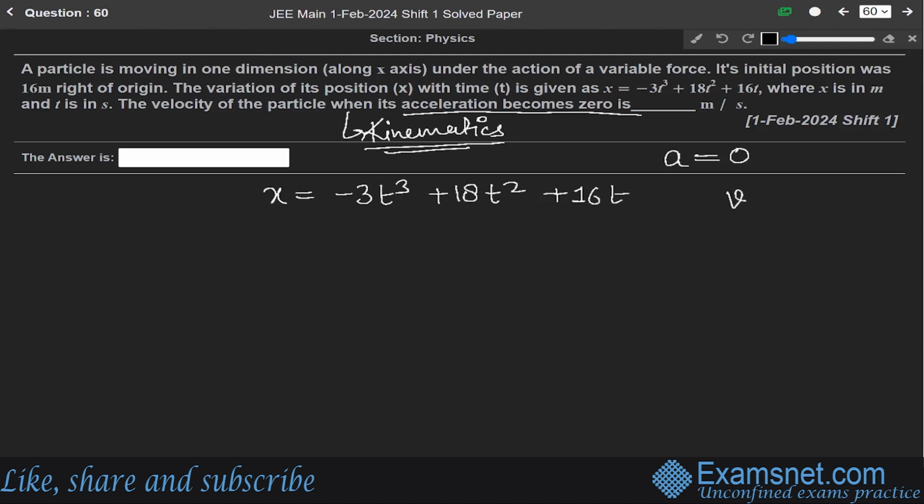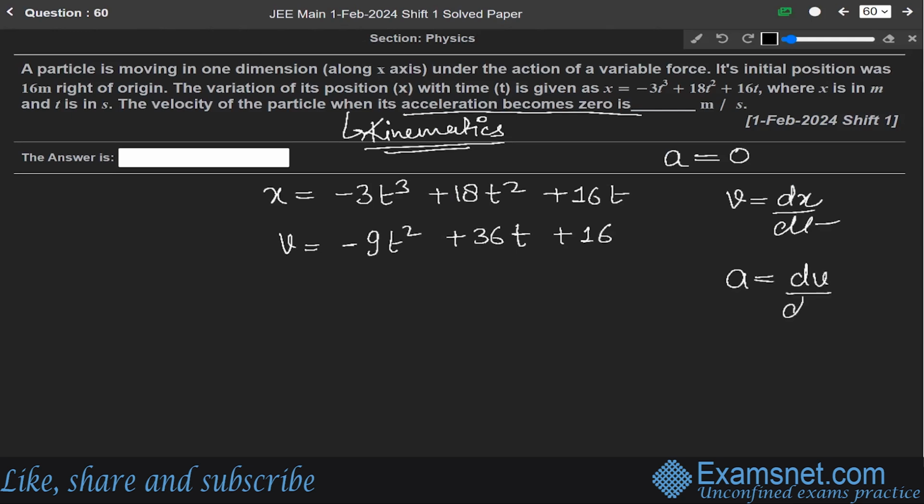We know that velocity v equals to dx over dt. So v will be equal to minus 9t square plus 36t plus 16. And now acceleration is equal to dv over dt.